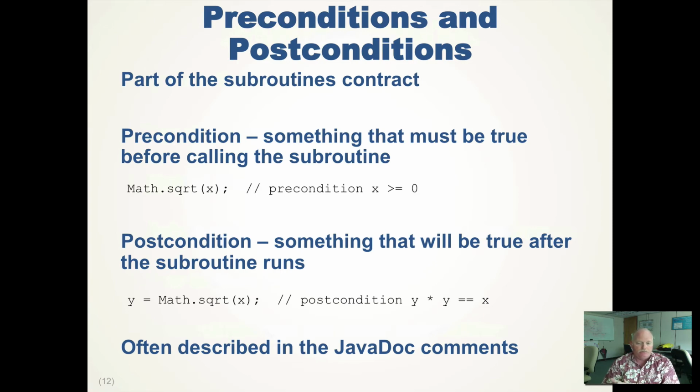In fact, some people suggest, though it does not exist, that you would have an @precondition and an @postcondition doc tag, but they don't exist yet. So you can just put in a little description: precondition, x must be greater than or equal to 0; postcondition, the return value will be the square root of the parameter.